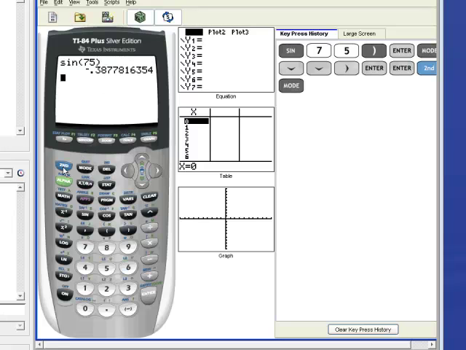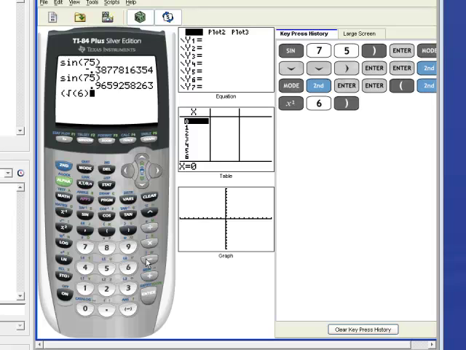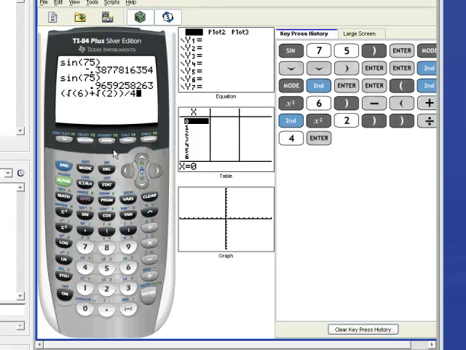Okay, now let's do this again. There we go. That looks better. 0.96. Now we're going to see what we came up with, which was the square root of 6 plus the square root of 2, parentheses for the numerator, divide by 4. Same thing. So we did it correctly.